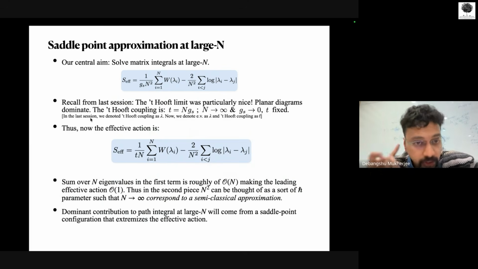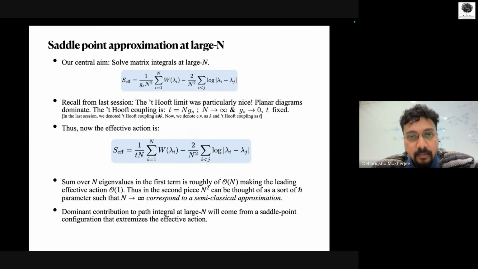A small notational departure from the last session: because we were not working with the eigenvalue basis, I defined the 't Hooft coupling as lambda, which is what is conventionally done in high energy literature.